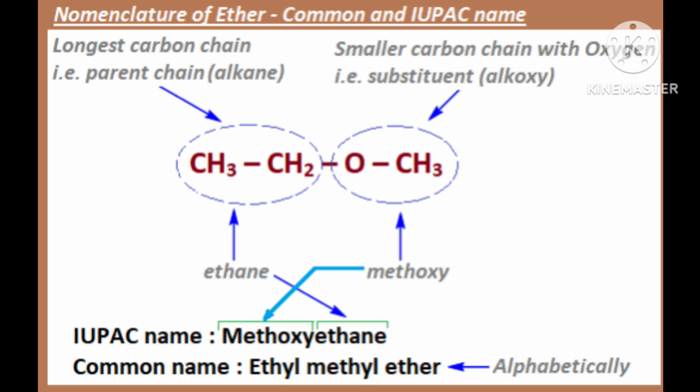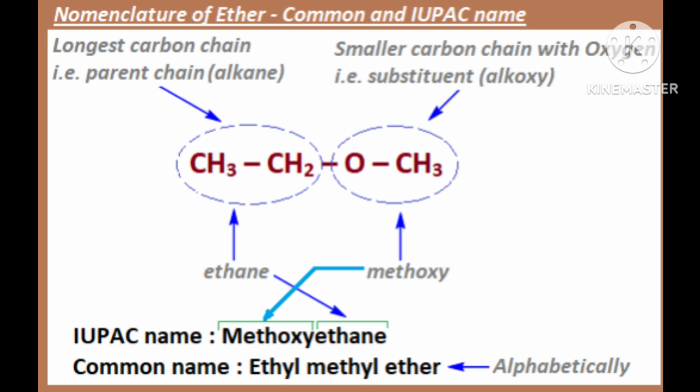According to the IUPAC system, which I have already discussed, the name of an alcohol is derived from the name of the alkane from which the alcohol is derived, by substituting the letter e of the alkane with the suffix ol.